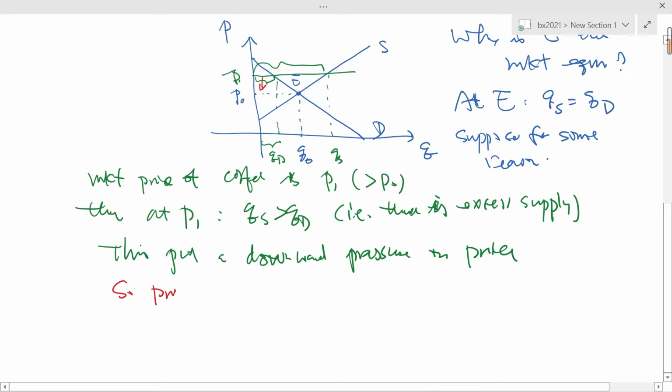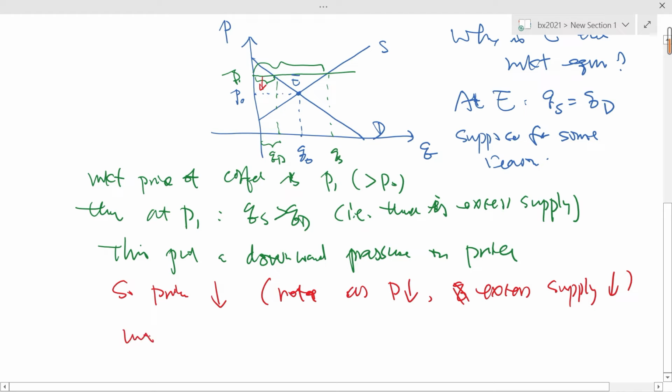So price drops. And you should note that as price drops, excess supply decreases, until it reaches P0.